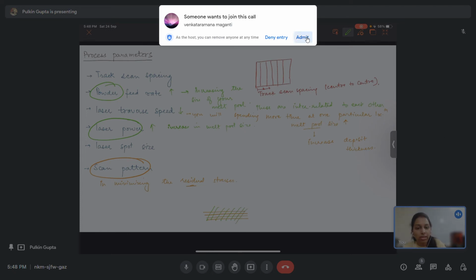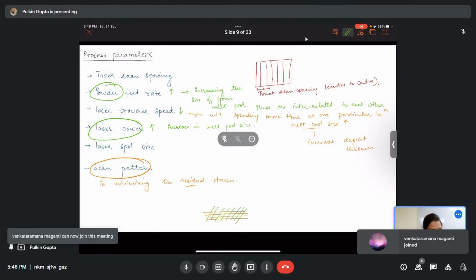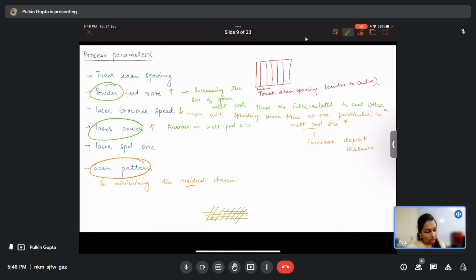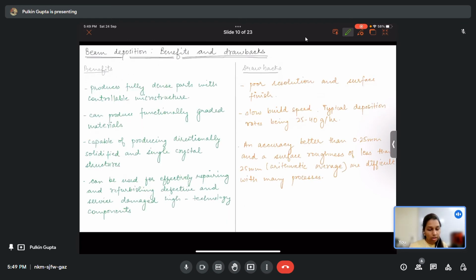So in this manner your residual stresses are reduced, because in the first layer they will be in one direction, in the second layer they will be in another direction. So hence there is some cancelling of the stresses by opposition in their directions. Okay, so now lastly we'll see some of the benefits and drawbacks of these beam deposition processes.